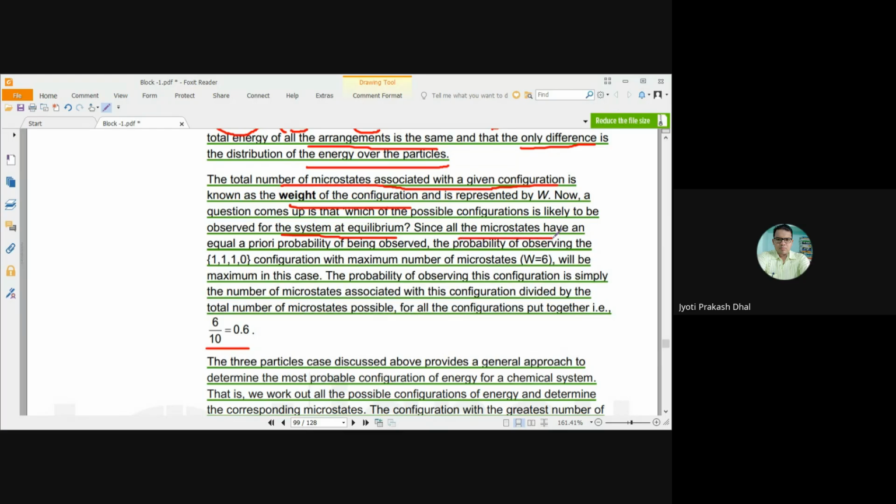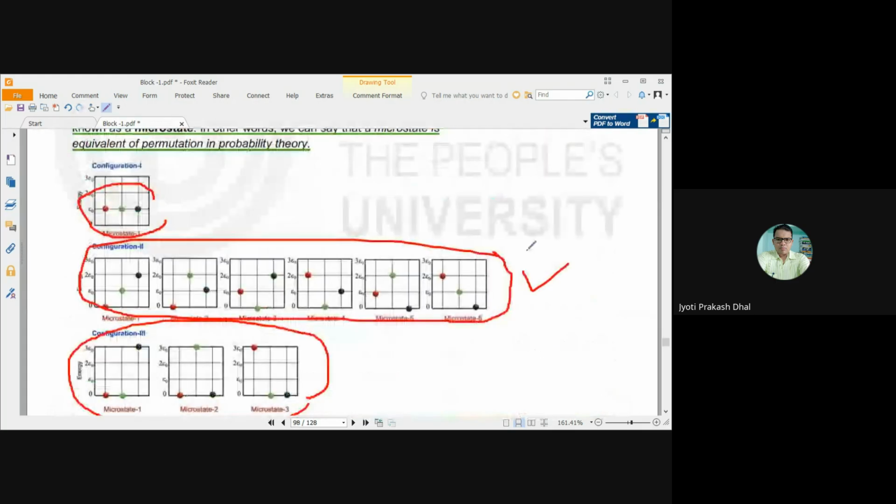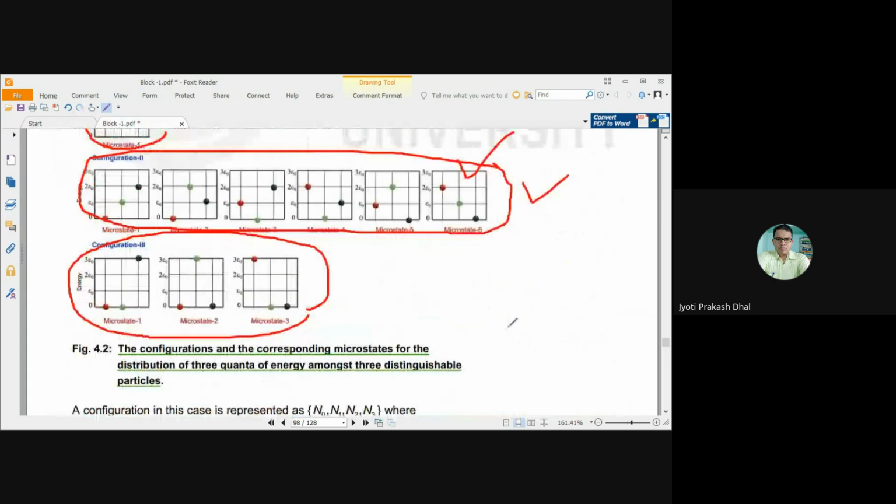Since all the microstates have an equal probability of being observed, the probability of observing the 1, 1, 1, 0 configuration will be the maximum, as it has the maximum number of microstates, so that is 6 microstates. So the number of microstates in a configuration is called W. For the configuration 1, 1, 1, 0, that will show the maximum number of microstates, so W equals 6.